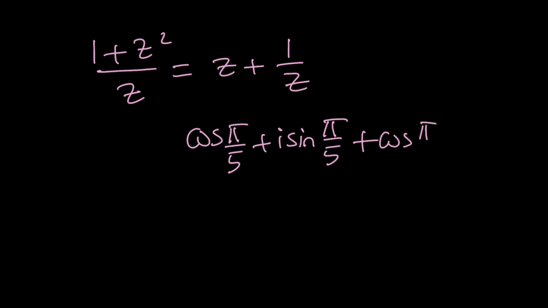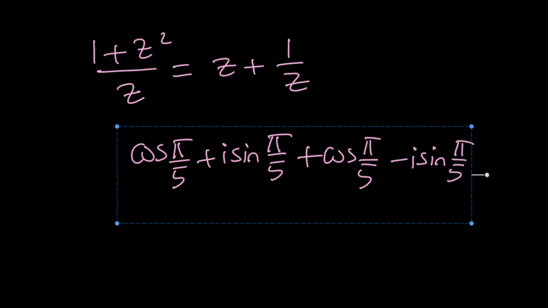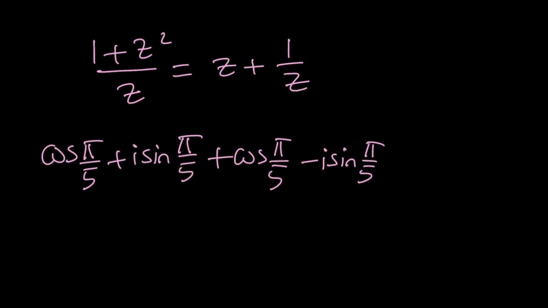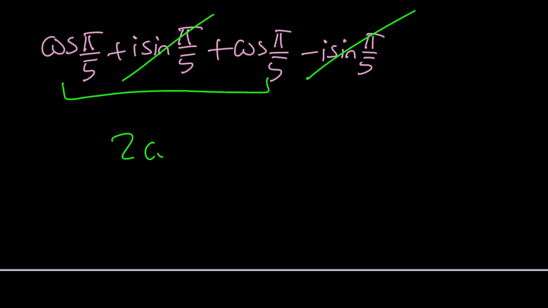Therefore, you can just write it as the complex conjugate of z, which is cosine pi over 5 minus i sine pi over 5. And guess what? The i sine pi over 5 terms cancel out, and we end up with the same thing. Surprise, 2 cosine pi over 5 would be the answer.